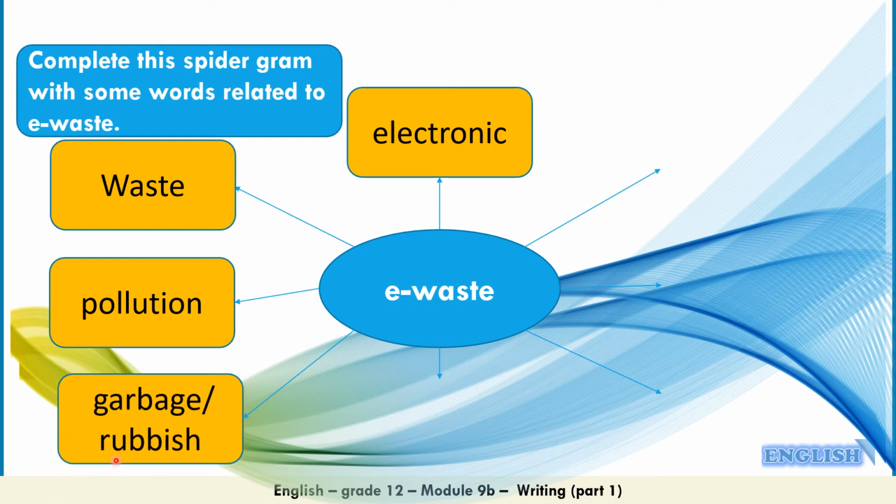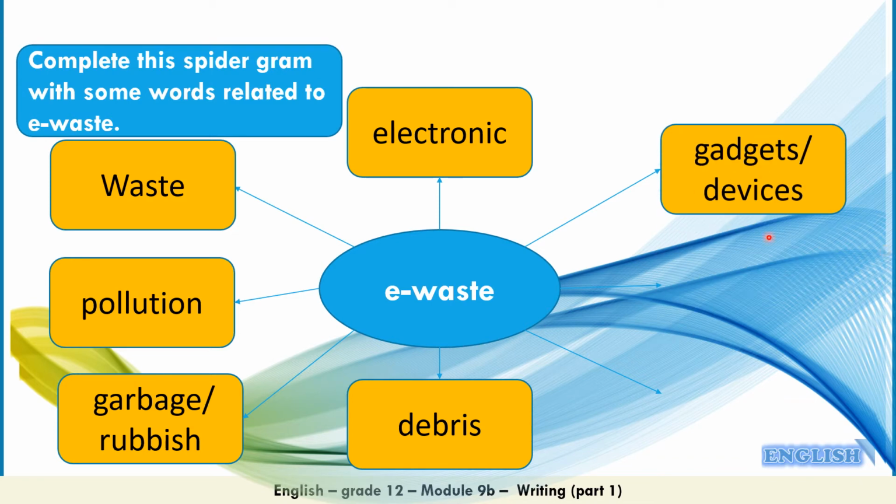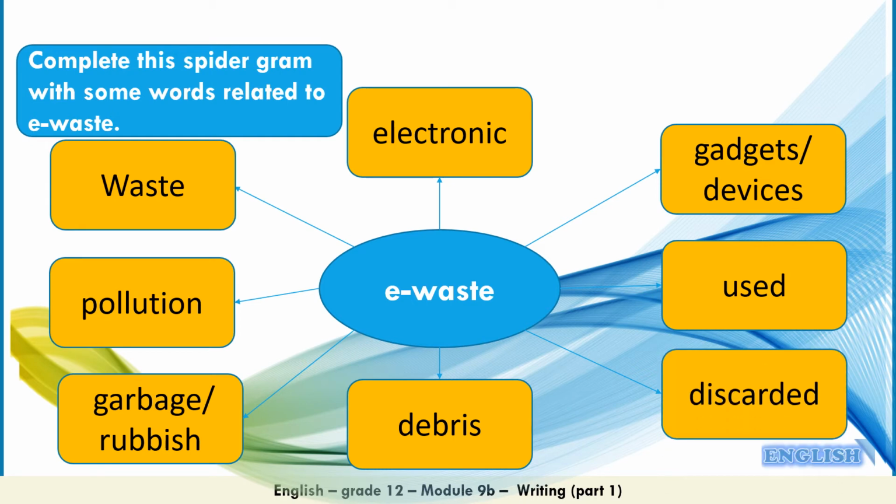We have garbage and rubbish, so it's land pollution, or debris. We have gadgets or devices. Good. They are used gadget or devices. And they are discarded. Very good. Thank you very much.